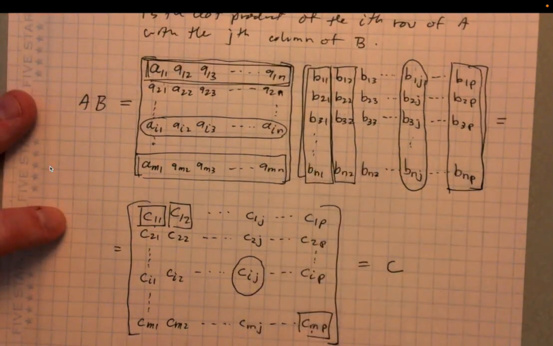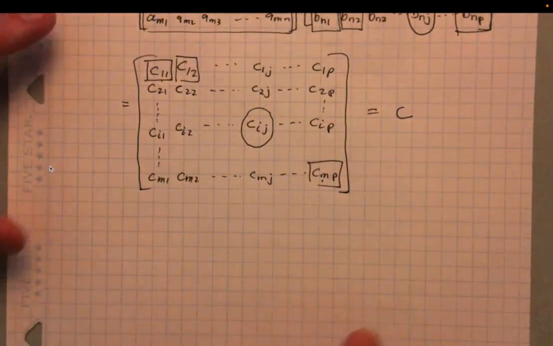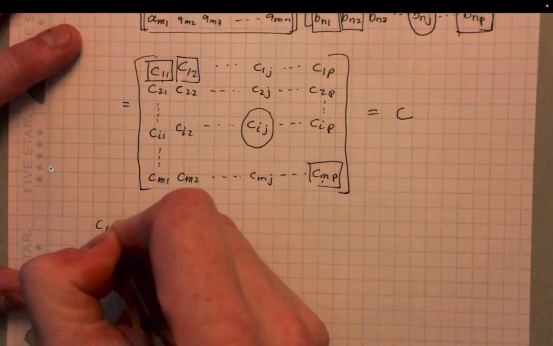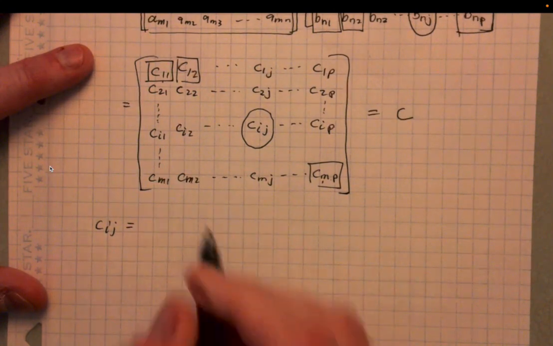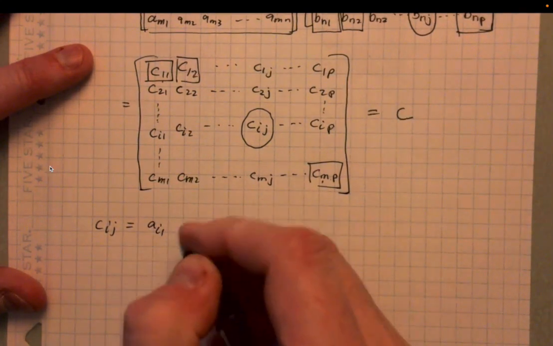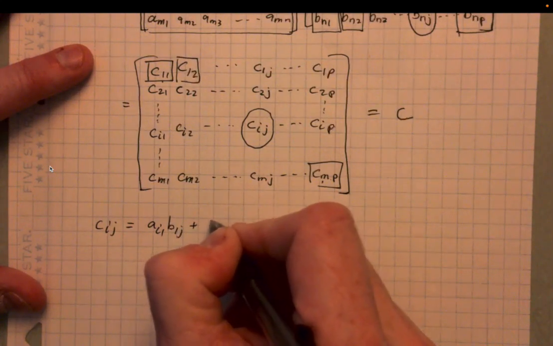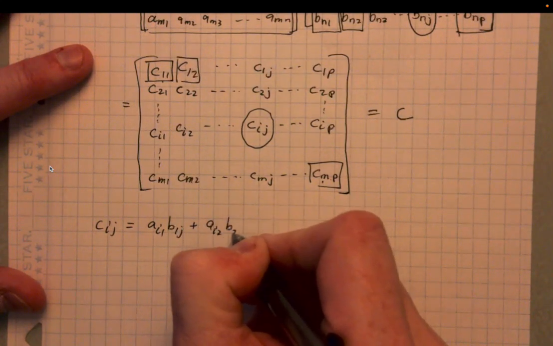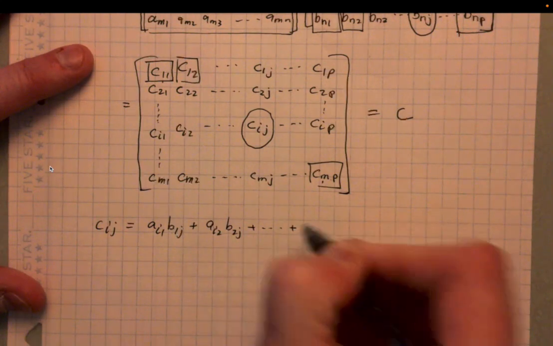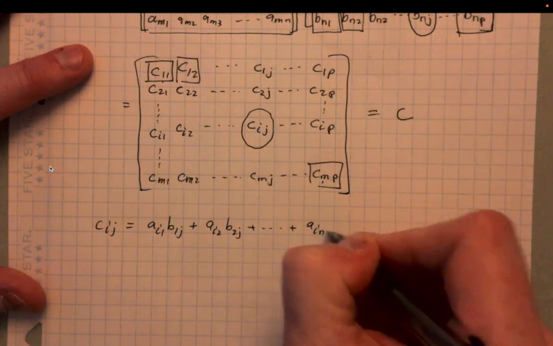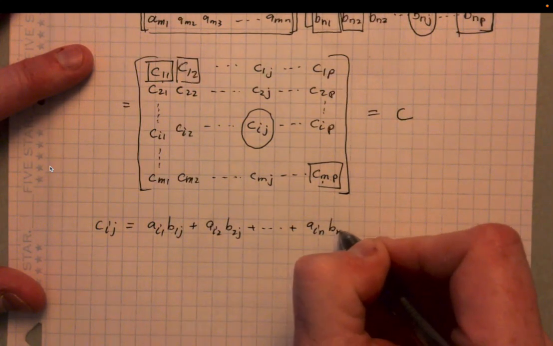Another way to write this ij entry is as a sum. Cij can be written as the sum of ai1 times b1j plus ai2 times b2j plus dot dot dot plus ain times bnj.